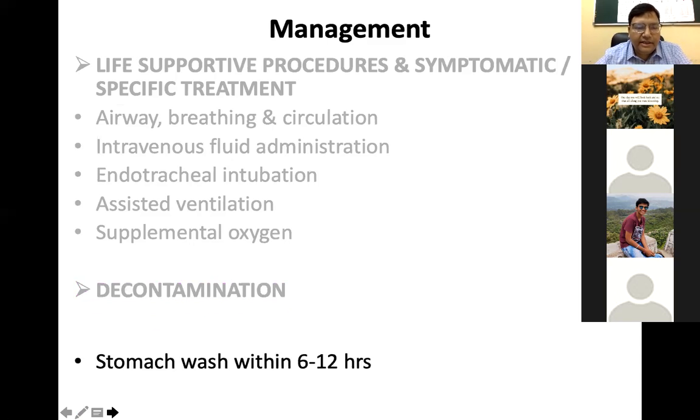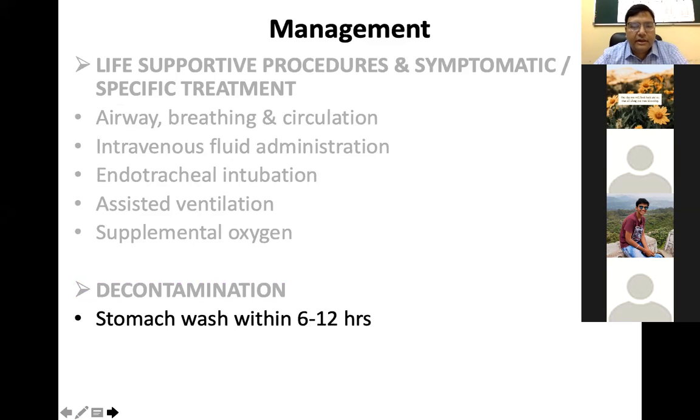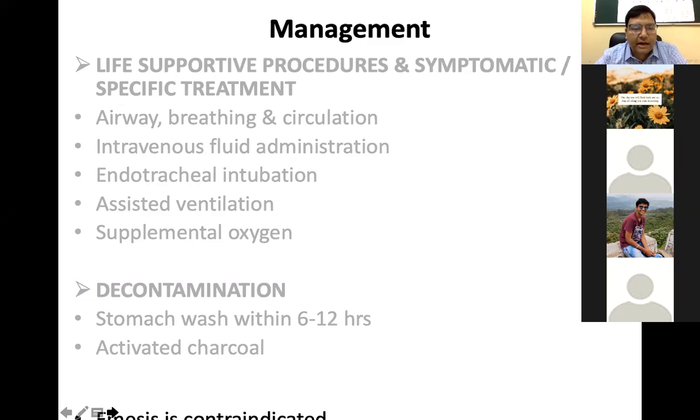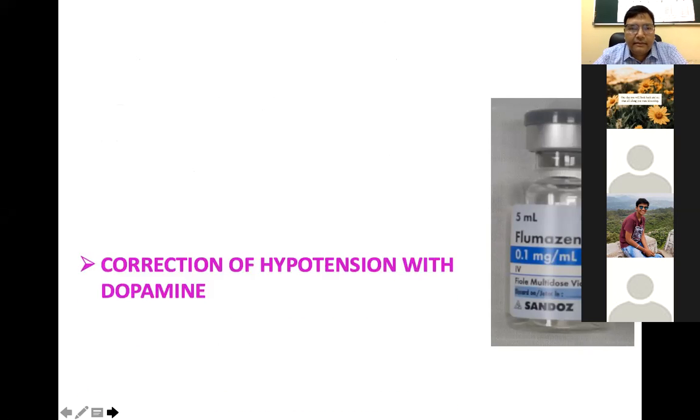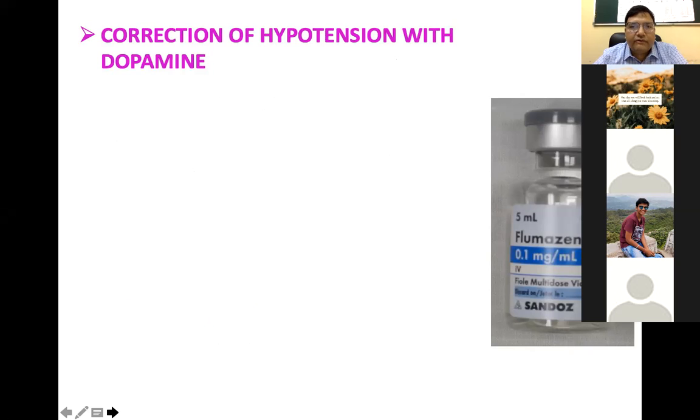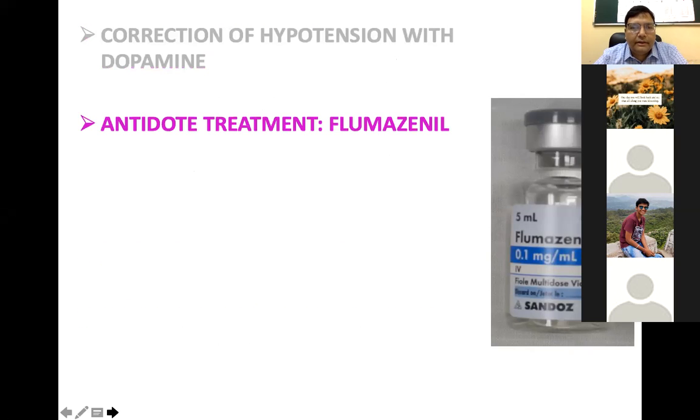For decontamination, we wash the stomach within 1 to 2 hours and use activated charcoal. But emesis is contraindicated in patients with diazepam poisoning. The specific antidote for benzodiazepine poisoning is flumazenil. And for correction of hypotension, we use dopamine.